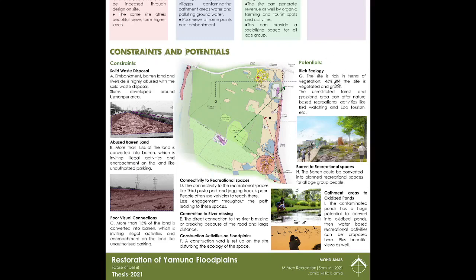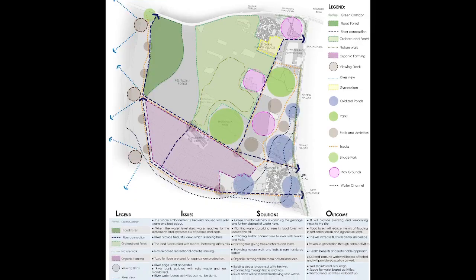Then the potential: there is a rich ecology where nature-based recreational activities can be proposed. The barren land can be converted into recreational space, which will help in attracting people, and this will help the youth and the settlement to enjoy recreational activity over here. The catchment areas of water can be converted into an oxidation pond, which will help in water-based recreation.